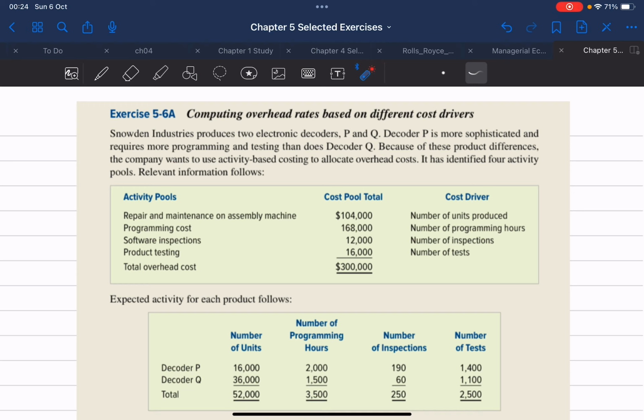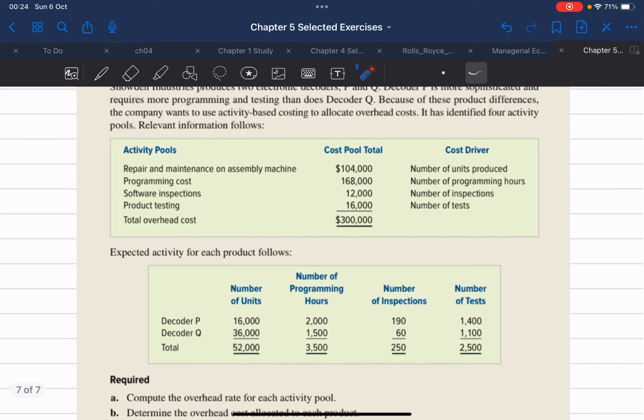And for each one of these pools, they have also determined an appropriate cost driver. Then we have another table that gives us the expected activity for each of the products. They are expecting that decoder P is going to produce 16,000 units, and that would require 2,000 programming hours, 190 inspections, and 1,400 tests.